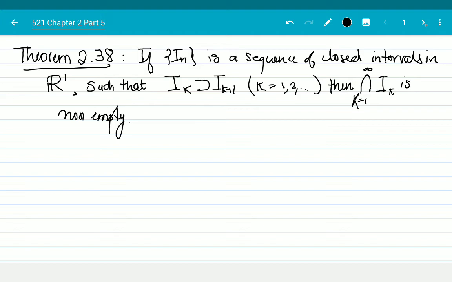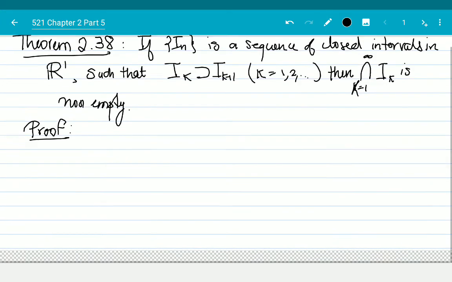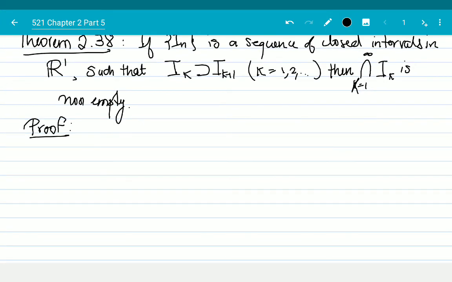Okay. We just saw that this is true for compact sets, right? We want to prove this for closed intervals. As of now, we don't know if closed intervals are compact sets or not. Eventually, we want to show that, but here's the proof.